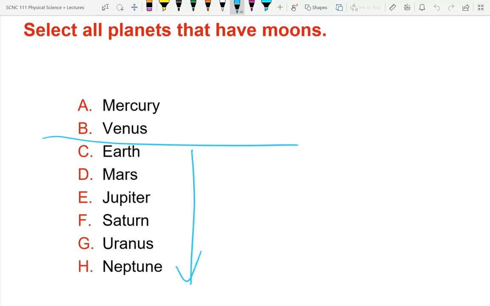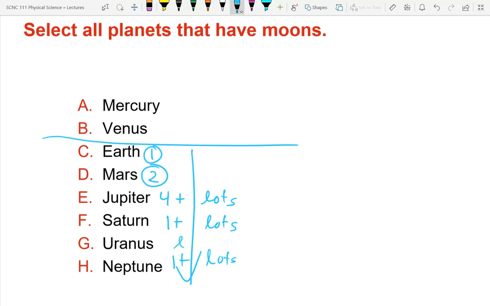All of these have moons. Earth has 1, Mars has 2, Jupiter has lots and lots. I'm going to put 4 plus lots. Saturn, I'll put 1 plus lots. Neptune, I'll put 1 plus lots.